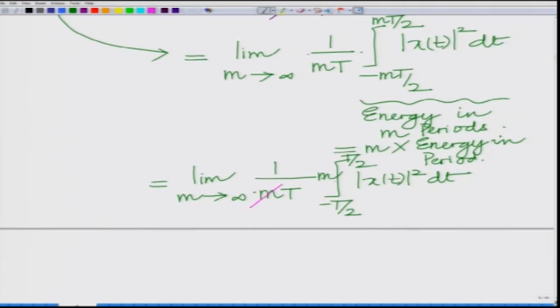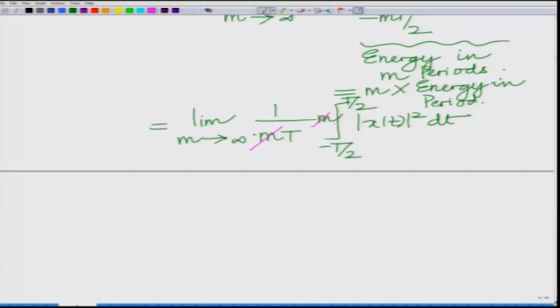Now, you can see the m's cancel. So there is no m, therefore limit m tending to infinity is simply 1 over T integral minus T divided by 2 to T divided by 2 magnitude x(t) squared dt.